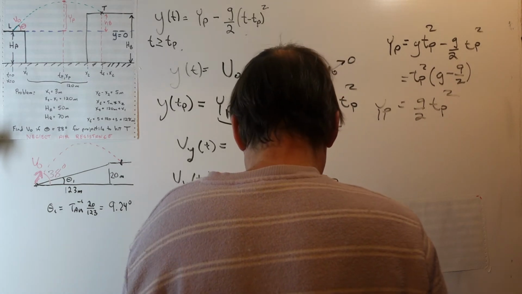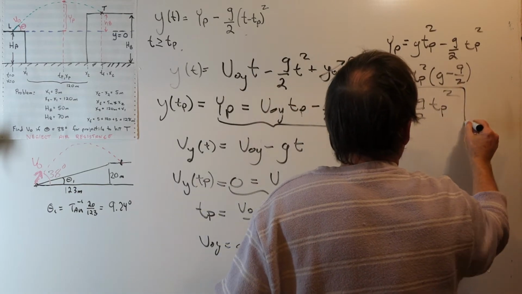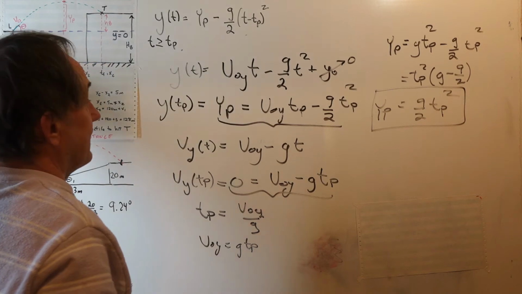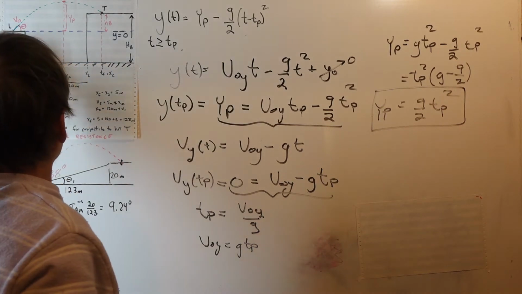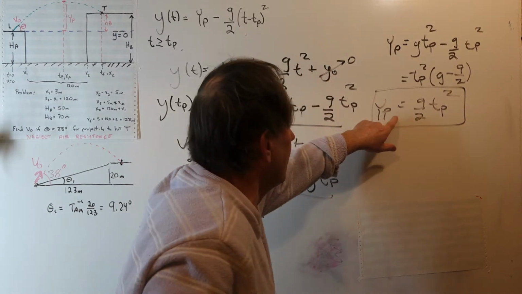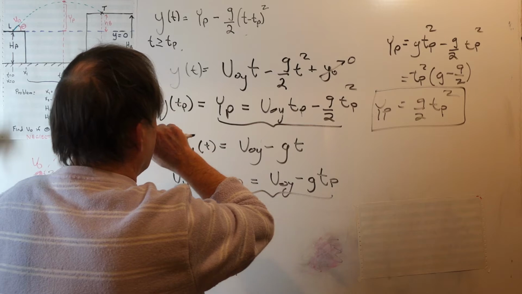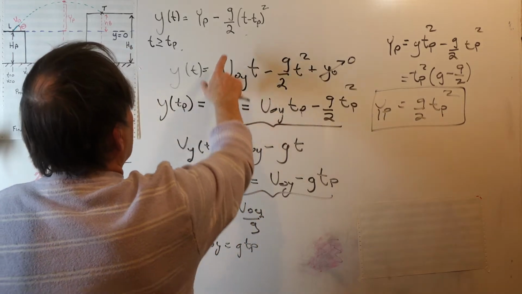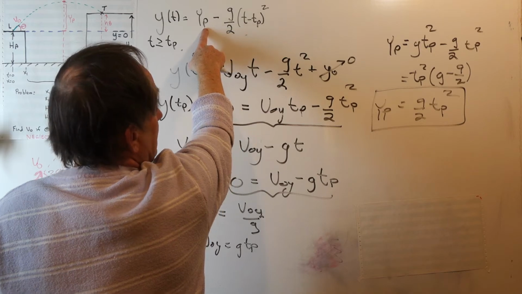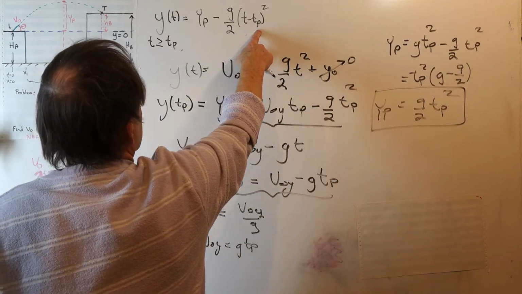Now, in terms of t peak squared, when we're shooting a projectile, the relationship between the time it takes to reach the peak and the peak height is this equation. So we can now put that into our equation here to get a relationship. See, we have y peak now in terms of t peak. We can put it into this equation.